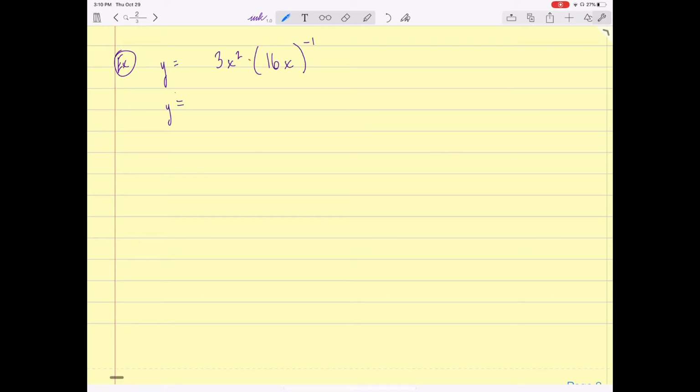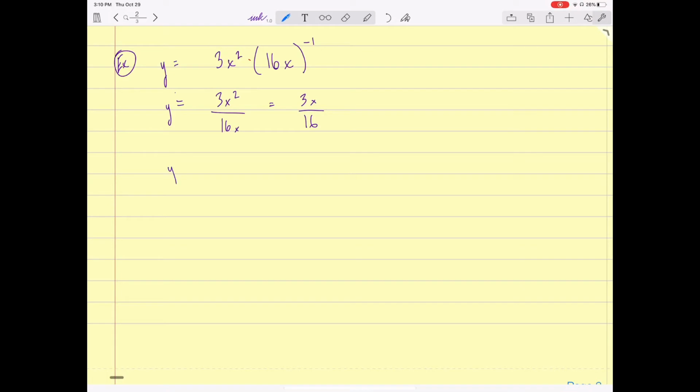So y, not prime, just y, if I just rewrite this as 3x squared, and then 16x to the negative 1 can be rewritten as 16x to the first power, and I'm going to get rid of that because I don't really need it. Well, this problem is now, I can do some canceling, it's really 3x over 16 if we cancel out one of those x's.